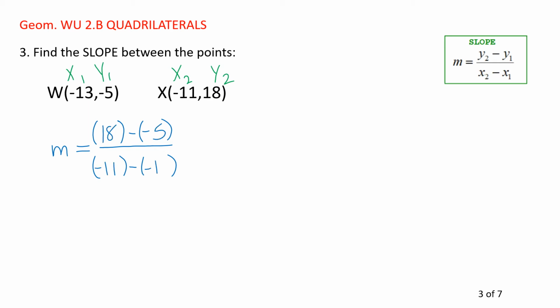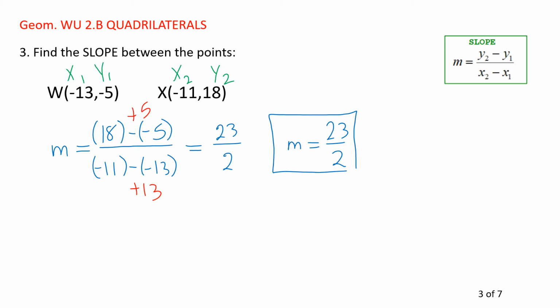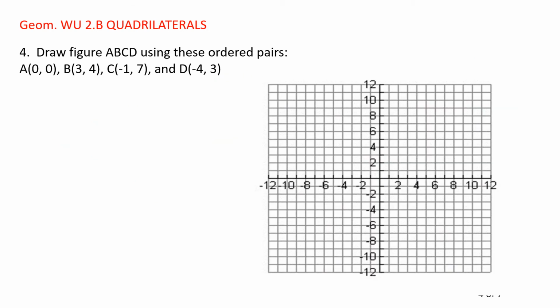Make sure you go in the same direction. 18 plus 5 is 23, and down here we have 2. Seems like a strange slope, but 23 over 2. It's a very steep line. If I were to graph it, I would actually see that it is 23 over 2.